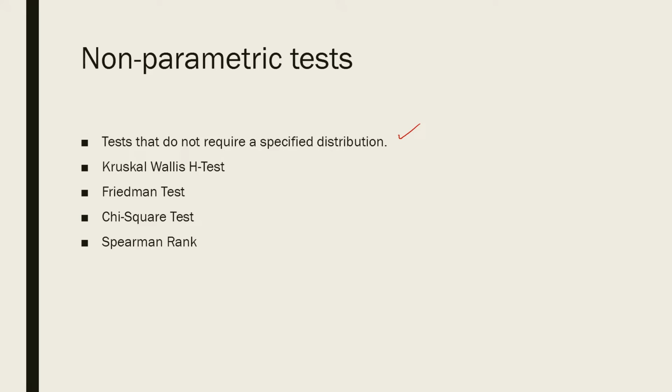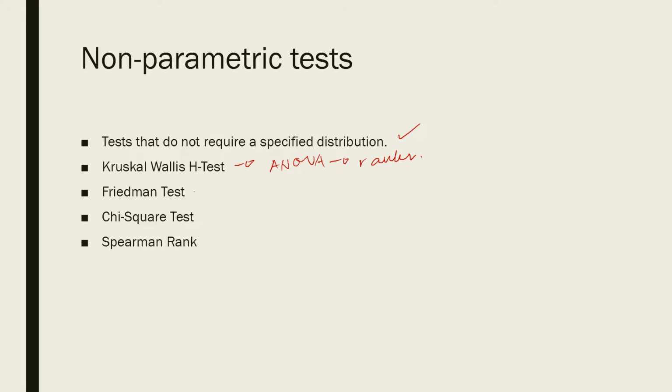Now, a few examples of these non-parametric tests include your Kruskal-Wallis H test, which is your non-parametric equivalent to our analysis of variance. Our Kruskal-Wallis H test requires no specified distribution, and that would mean that this test is heavily dependent on ranks, as we'll learn more about later.